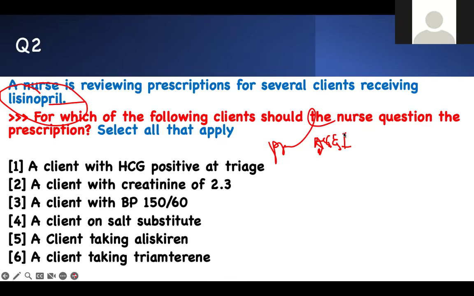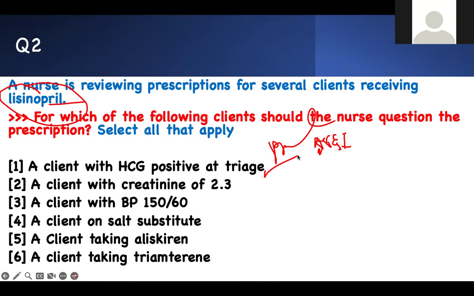Therefore, what do you think? Stop the video, pick your answer. What do you think? The first one is what? HCG positive. HCG positivity means you're pregnant. Teratogenic means you cannot have it. The client with creatinine of 2.3. 2.3 will increase your potassium.